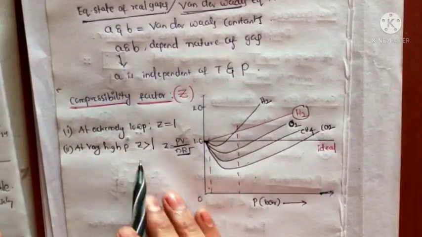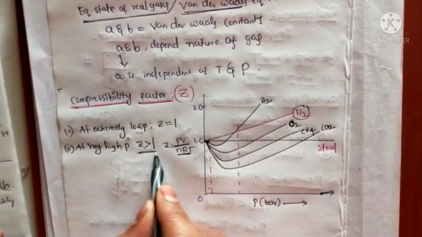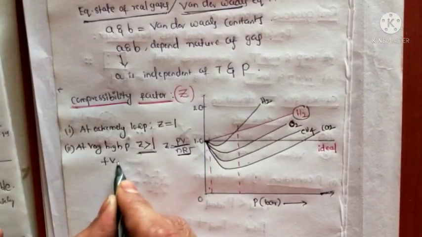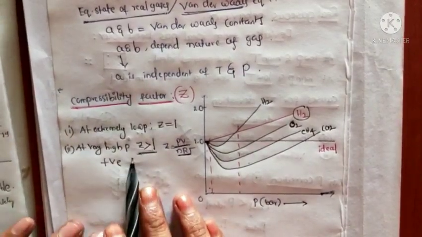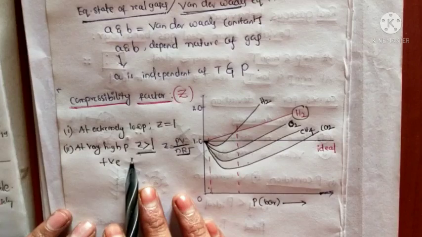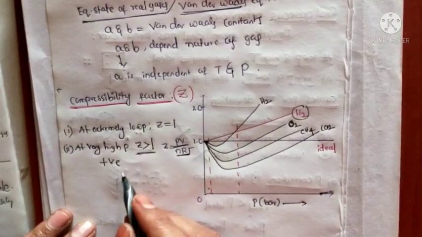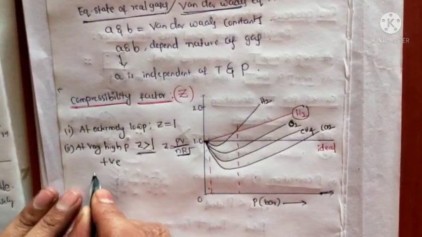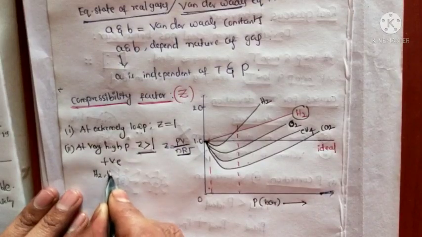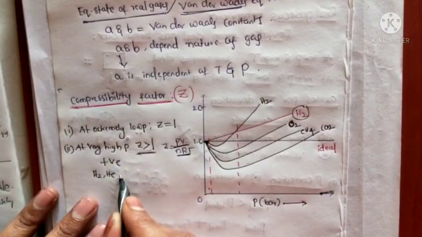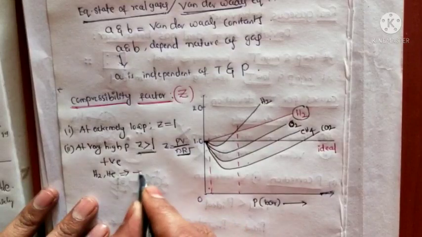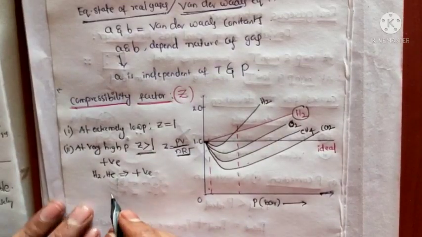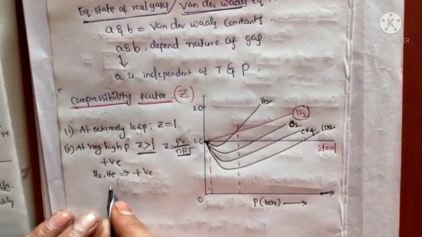So which gases can exhibit the positive deviation? These gases can exhibit the positive deviation, which indicates these gases are less compressible, so it is difficult to compress them.